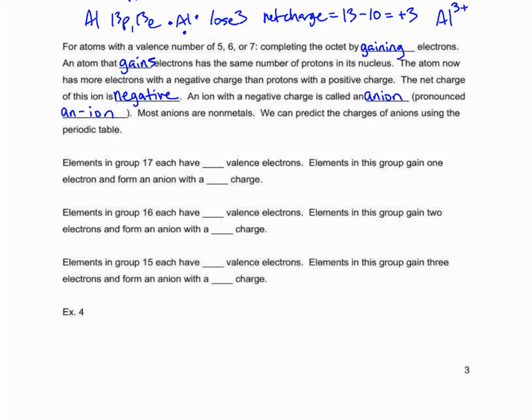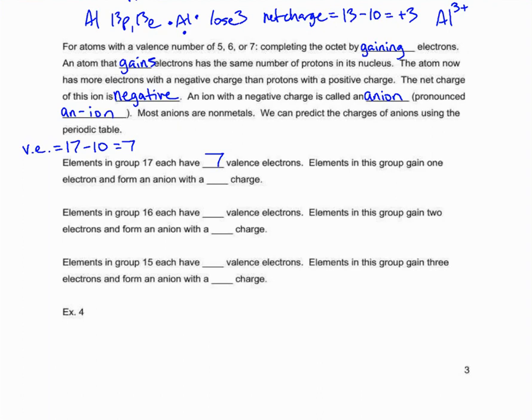So, for elements in group 17, each of these elements has 7 valence electrons. Remember, valence electrons is group number 17 minus 10.